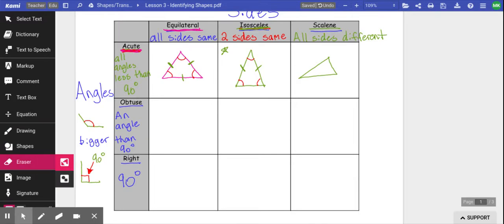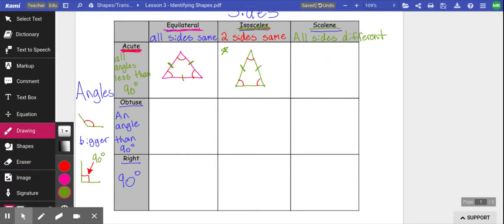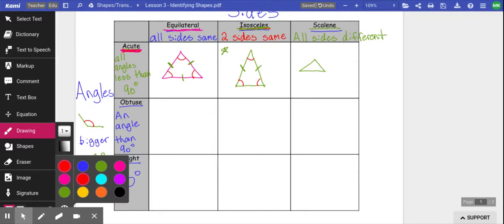I could do it a little bit better. I'm just going to sneak that line in a little bit. Ooh, that's tough. Drawing scalene triangles that are acute is definitely challenging. So all these sides are different lengths. All these angles are less than 90. That top one's looking mighty close to 90, but we're going to say it's less than 90. So that is a scalene acute triangle.